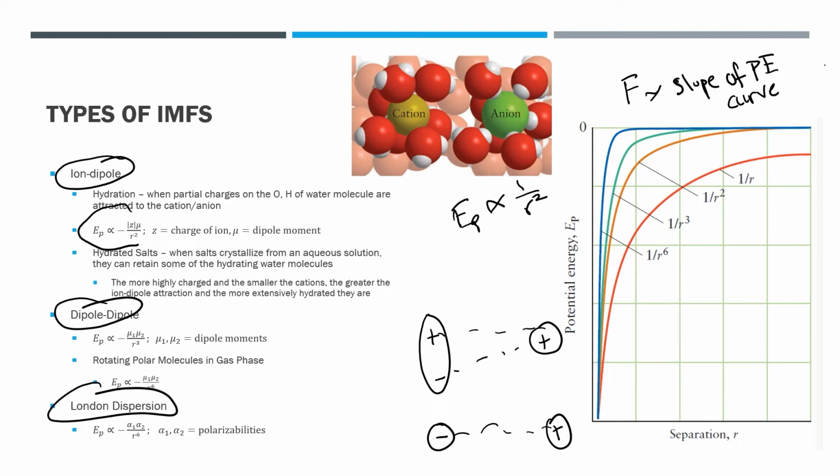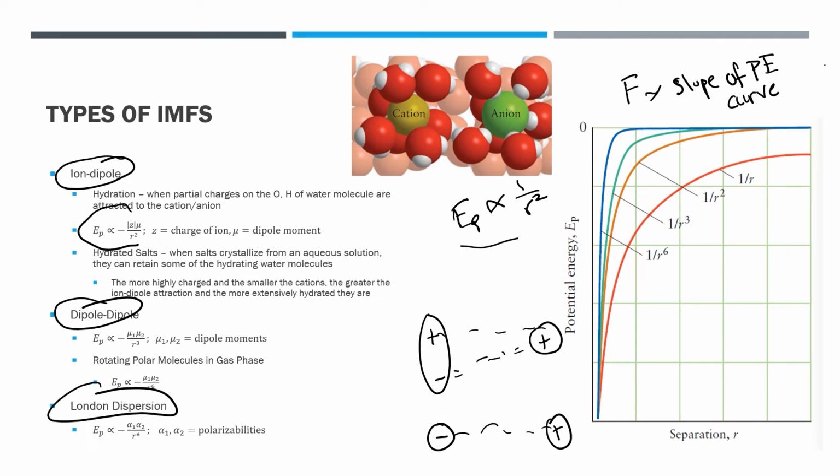So we're going to have a little less attraction than if we had two ions, because our attractive force is a weaker attractive force, because remember, this is not a full ionic negative charge, this is just a partial negative charge. But on top of it being a weaker attractive force, we also have a new repulsive force that's added in, because there is a partial positive charge that's going to repel.